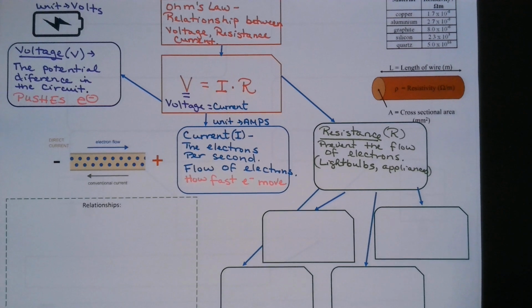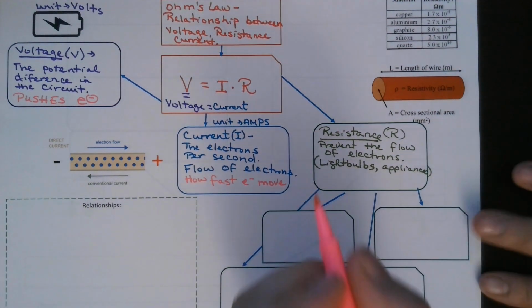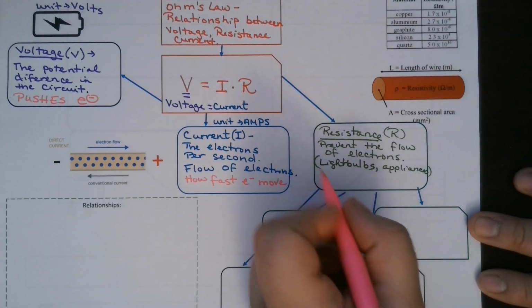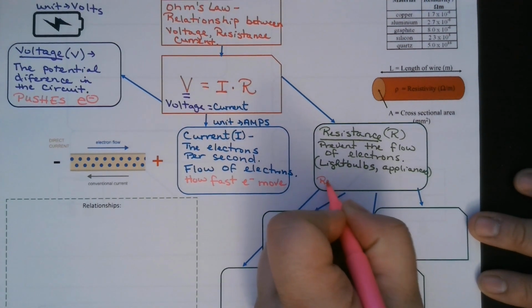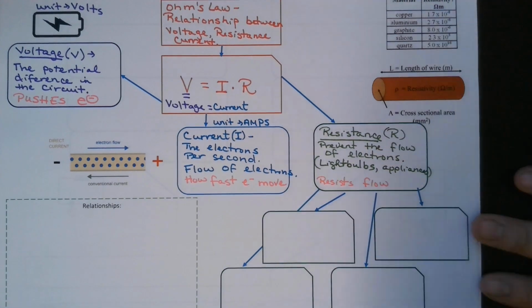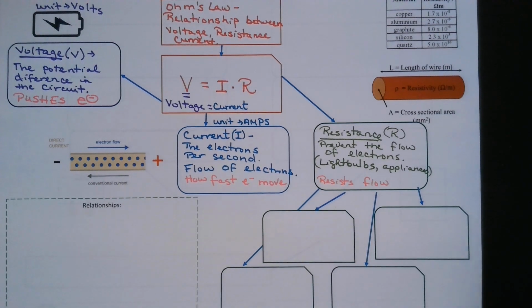The washer, the dryer, the refrigerator, the hair dryer, all these things are actually preventing the flow of electrons. And we said this, I just want to restate that resistance resists the flow. Okay, so those are like your simple definitions, if you will. It resists the flow.